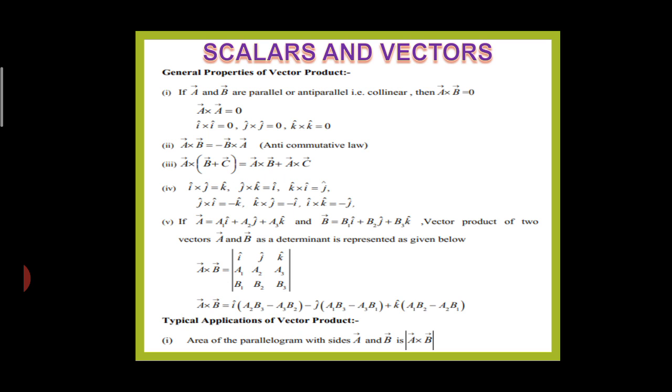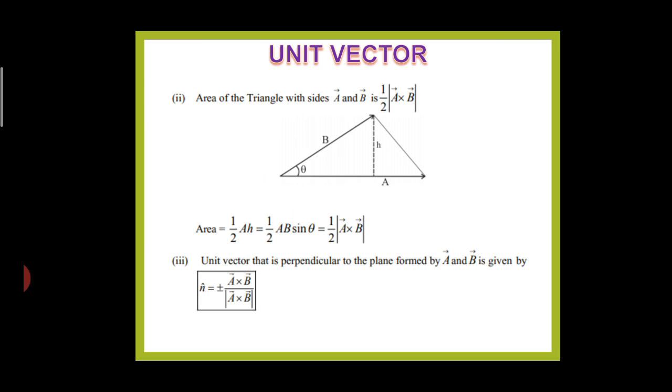Now, typical applications of vector product. Area of the parallelogram with sides A and B is equal to the magnitude of A cross B. Now, the triangle: the area of the triangle with sides A and B is equal to 1/2 the magnitude of A cross B. So, the x-axis is A, the angle theta is with B, and the height is h.